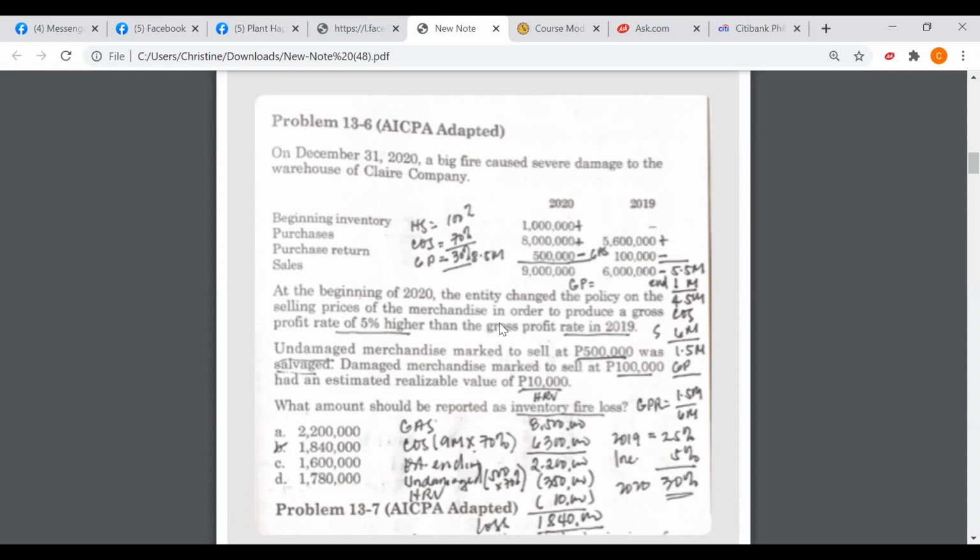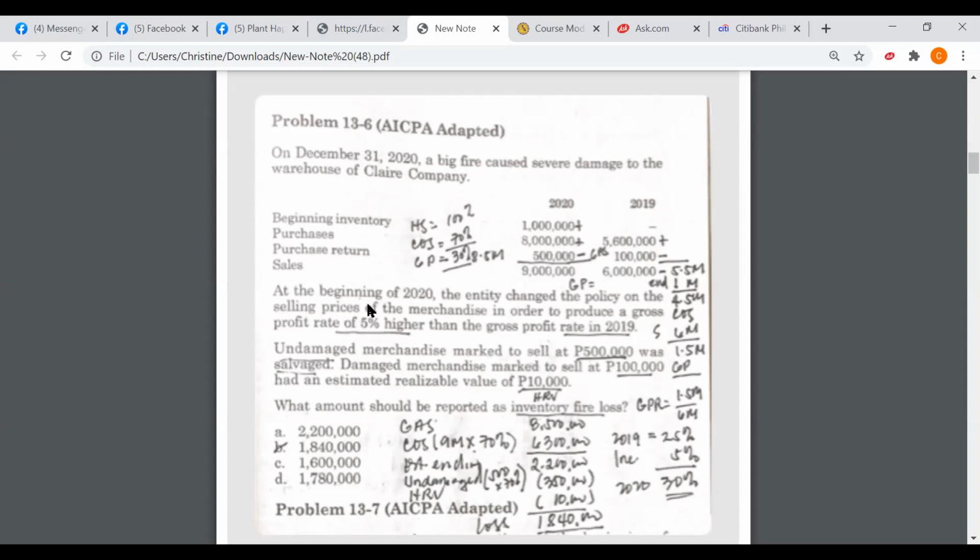Computing now the gross profit rate of 2019, it is the gross profit as computed of 1.5 divided by sales, of course, of 6 million because there's no sales return. So our gross profit rate for 2019 is 25%.